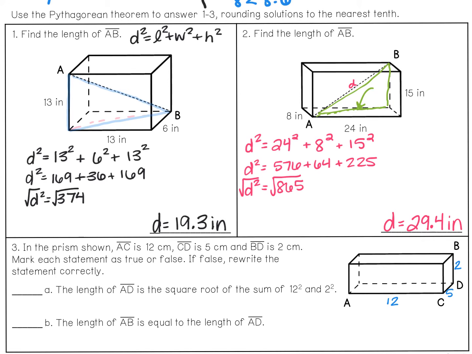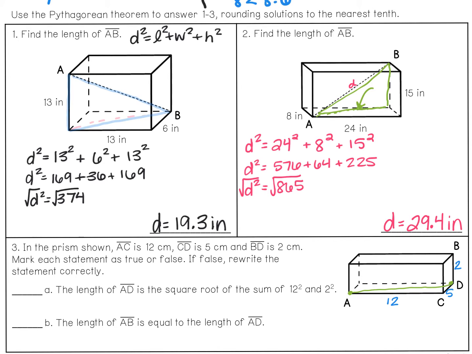This first statement says that the length of AD, which would be diagonally across the bottom of the box, is the square root of the sum of 12 squared and 2 squared. So they're saying we would use 12 squared plus 2 squared equals c squared to find that. But that 2 doesn't have anything to do with the bottom of the box.